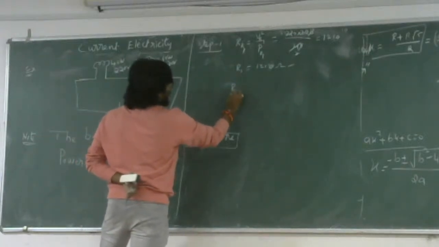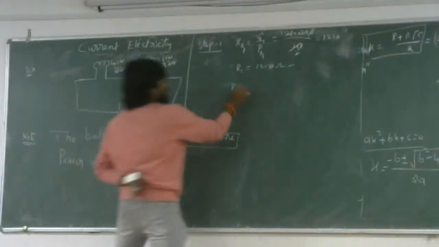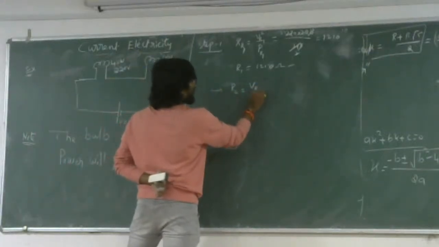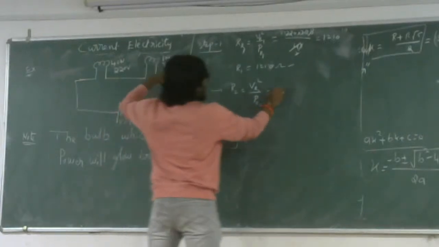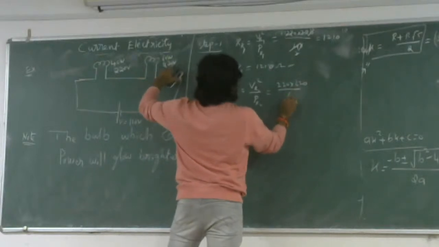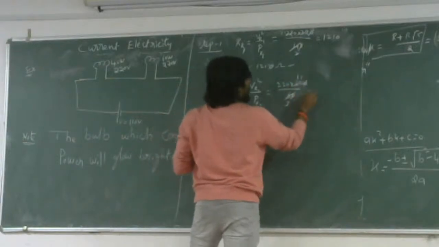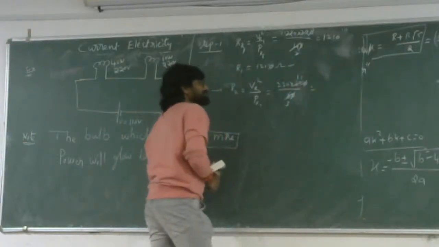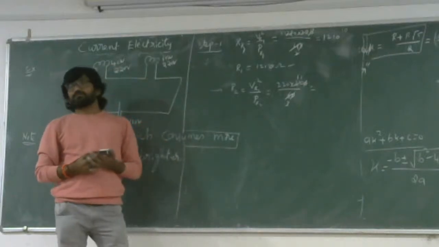Next, R2 is equal to VR2 square by PR2. The rated voltage squared is also the same: 220 into 220 by PR2, which is 60. Zero cancels, 2 3s, 2 11s. So what is this? How much?